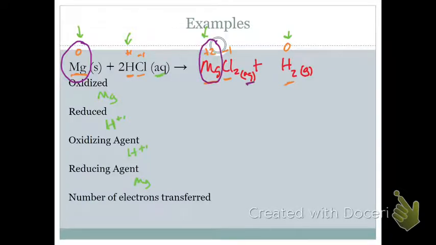Notice this is aqueous. This is what we call the half reaction for the oxidation part. So this is the oxidation half reaction.